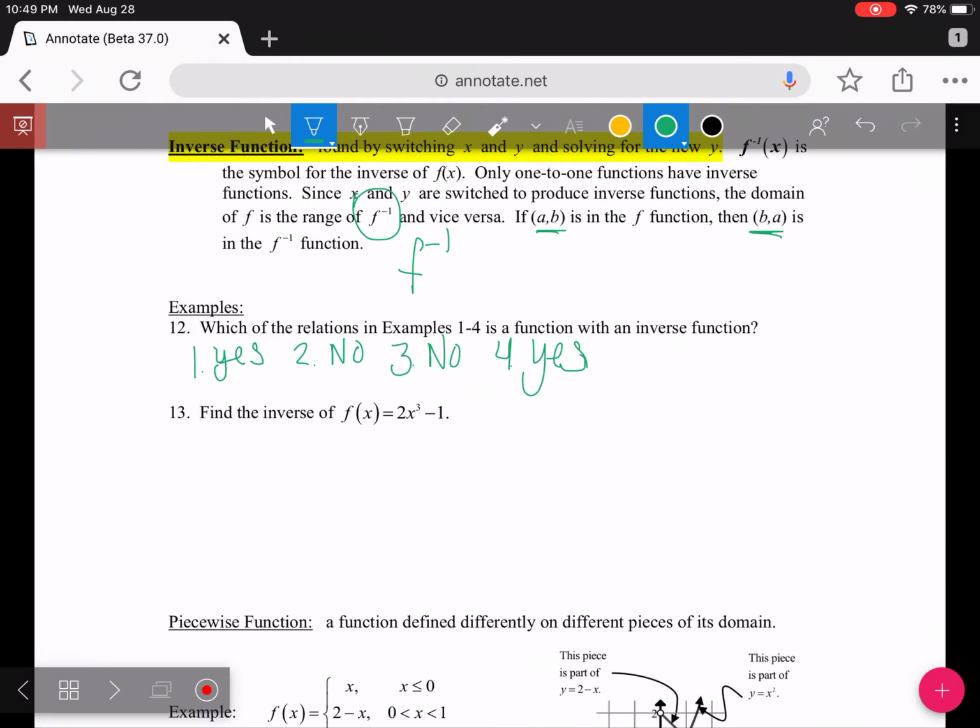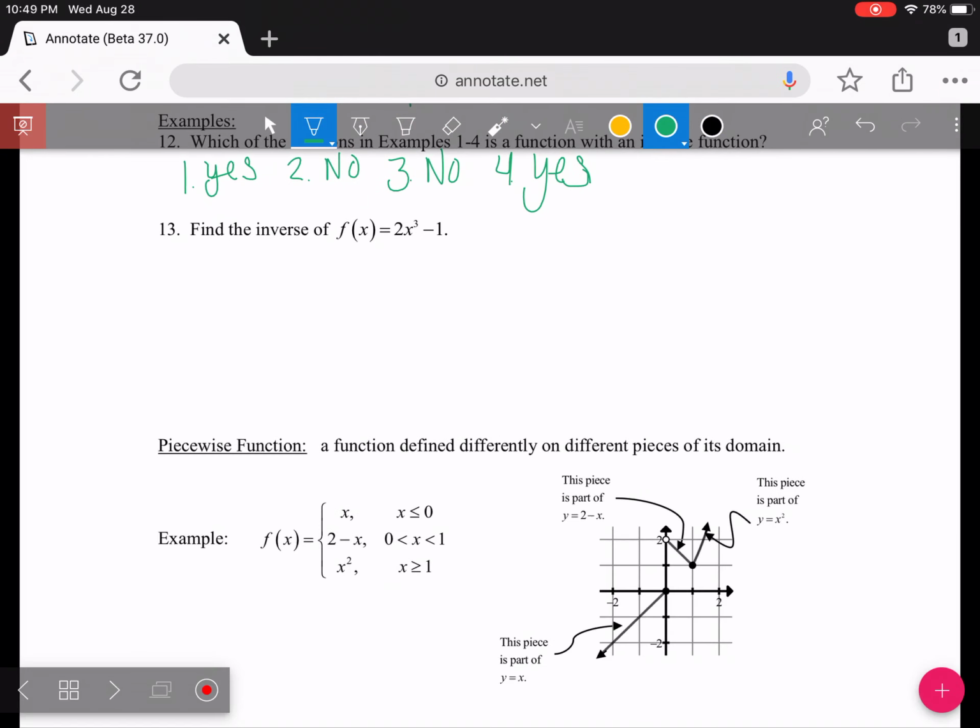All right. Find the inverse of this function. Again, we switch x and y. So we say x equals 2y cubed minus 1. Then we get y all by itself. So we have 2y cubed equals x plus 1.